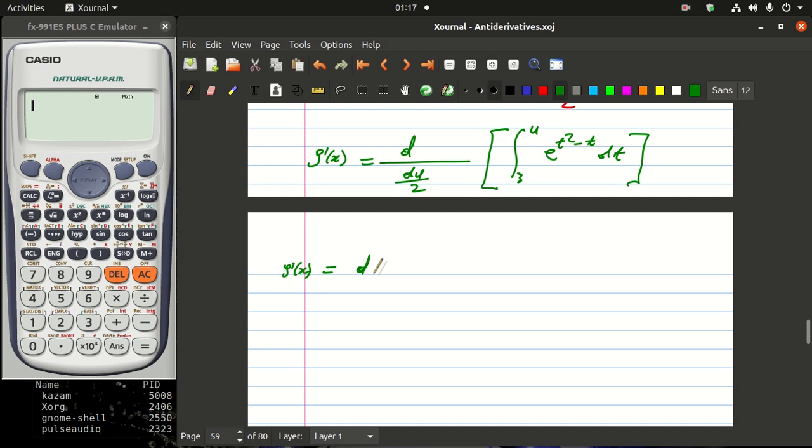This is a division, so I'll end up multiplying: the denominator becomes a numerator, and the numerator becomes a denominator. So we're having something of this sort. That is why I say that we have a 2 times du. And then inside here I have the bracket, and then I have a u, and then I have e raised to t squared minus t, and then I have a dt.